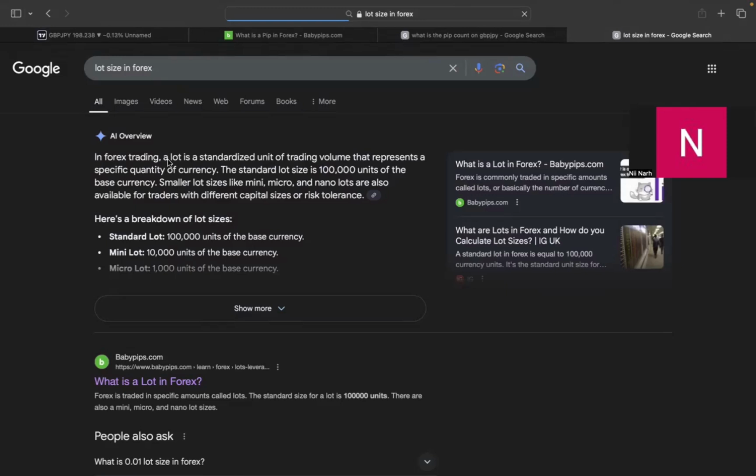Let's say you trade phones, you buy and sell iPhones, and we are looking at the iPhone 16. So let's say an iPhone 16 is going for 20,000. Now you buy one iPhone 16. Let's say you have a plug, so you get the iPhone 16 from your plug at 15,000 and you come and sell it at 20,000.